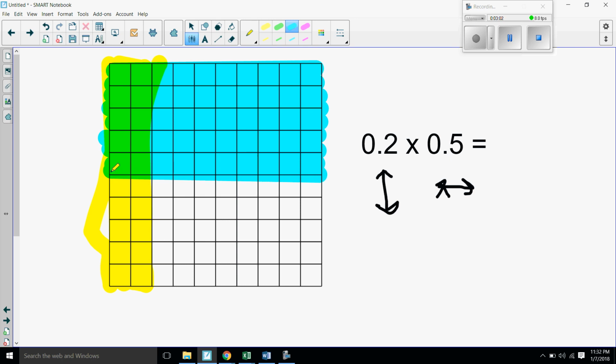All right, and why I call it magic math is basically where you see the green is your answer. So 2/10 times 5/10, all you have to do is count these hundredths in here. You have 1, 2, 3, 4, 5, 6, 7, 8, 9, 10. And that's your answer.